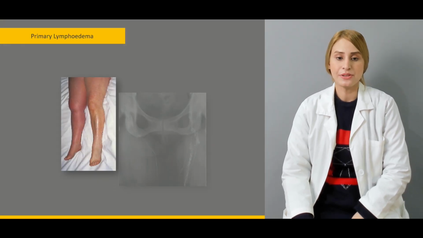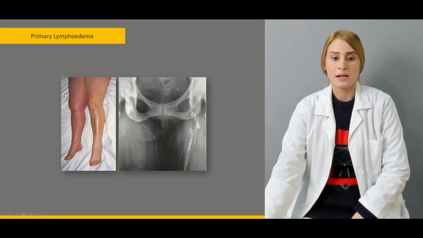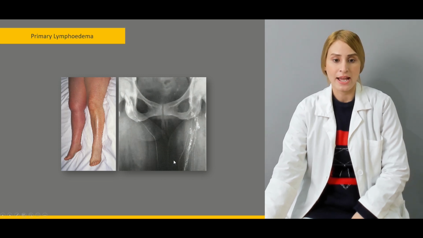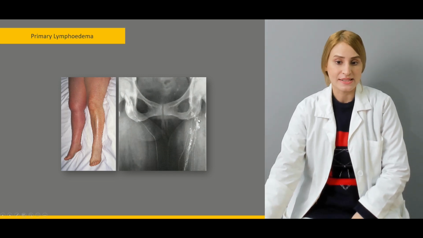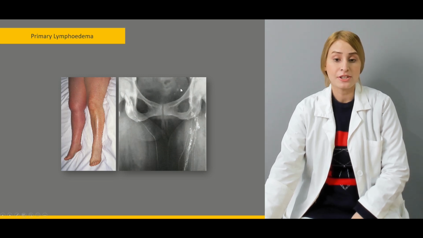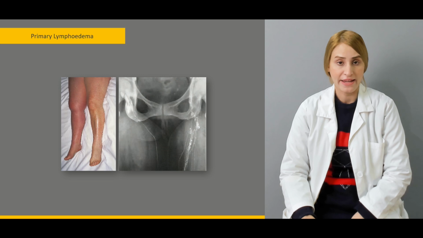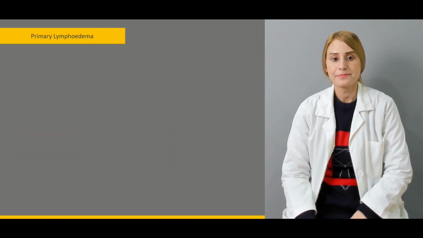Again, you can see that this is a case of lymphedema, and it's usually unilateral. If you could appreciate, here's a lymphangiogram, and this lymphangiogram is showing congenital hypoplasia. These are the lymphatic channels, but if you compare this side with this side, there is congenital hypoplasia of the lymphatic channels, which is obviously visible in the lymphangiogram.